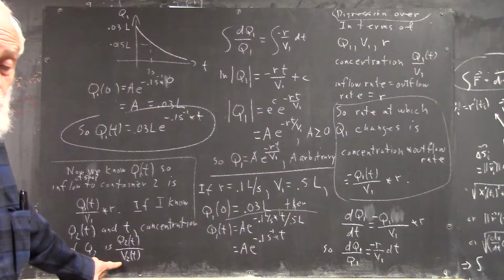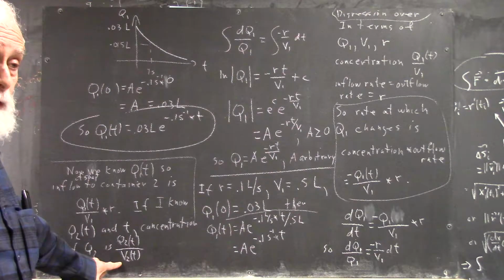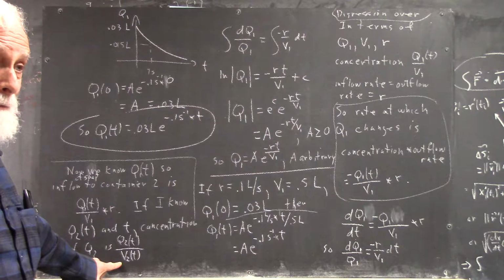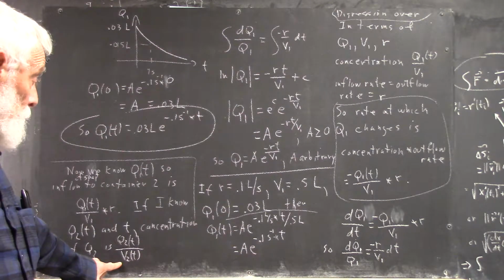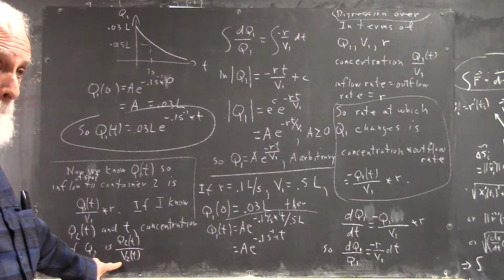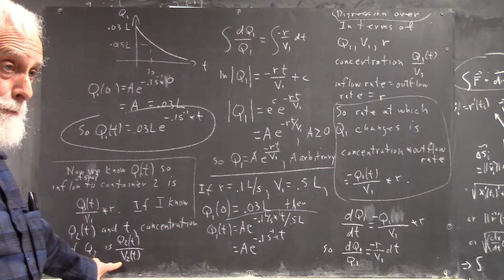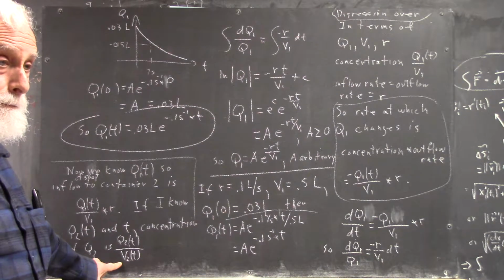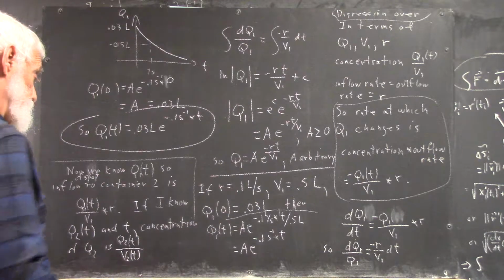But the volume of the second bowl is what? It's not constant. Well, what is V2 of T? It's R times T.